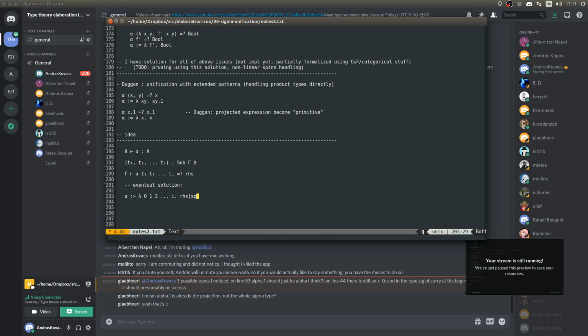So there is some sp minus 1, which I have to use. So I mentioned before that we can view pattern unification as a way of inverting the spine substitution. So previously, if I have an sp which goes from gamma to delta, the main problem of pattern unification is how can we invert an sp to get a substitution from delta to gamma.